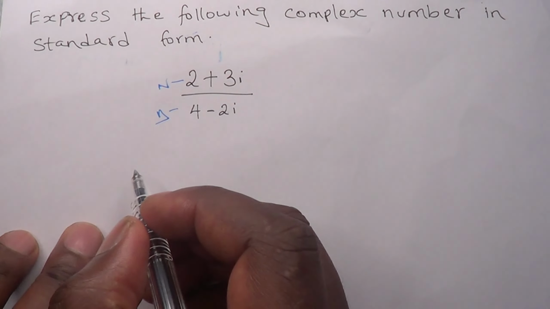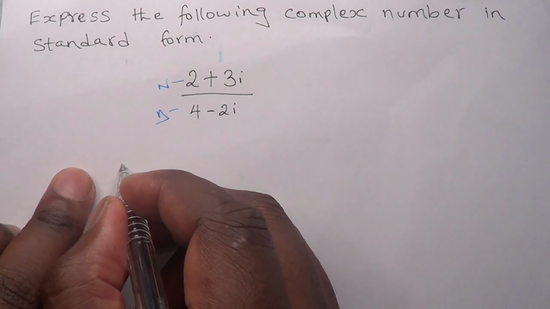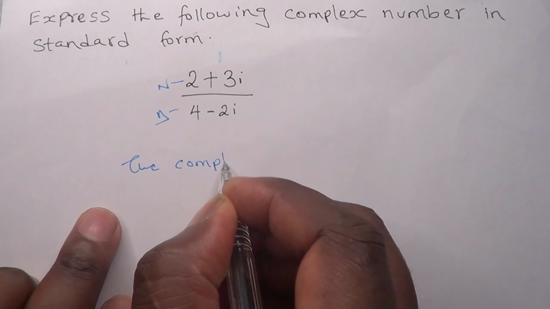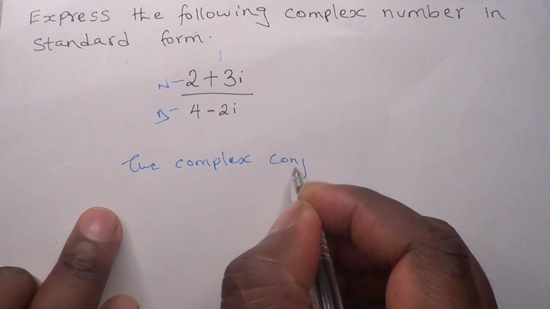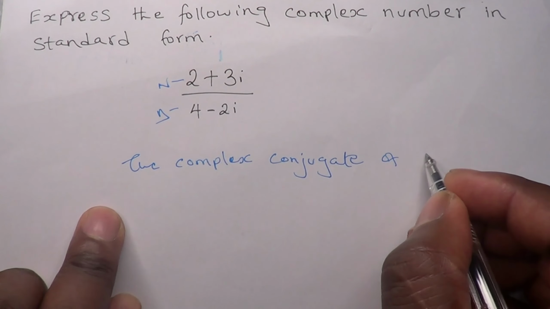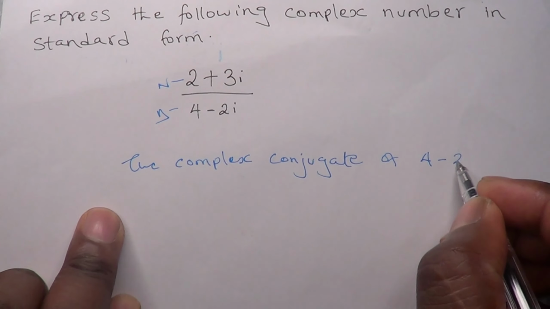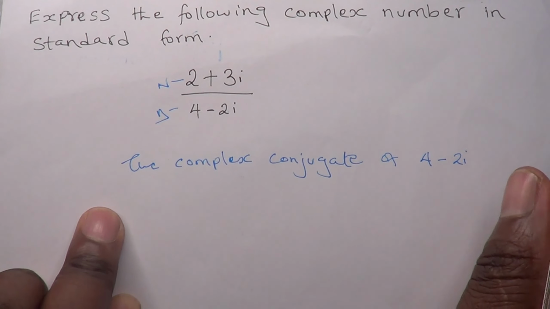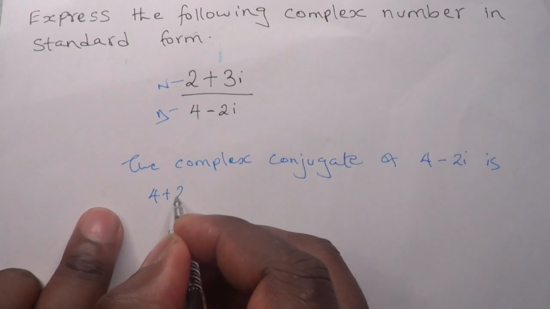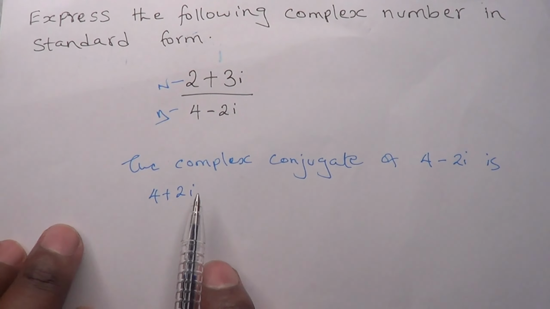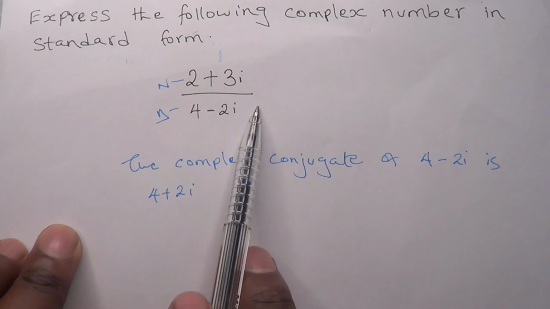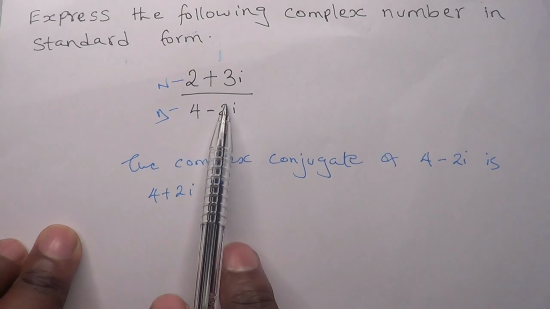So, the complex conjugate of 4 minus 2i, that's the imaginary number, is 4 plus 2i. So we need to multiply the numerator and denominator by the complex conjugate, so that at least we can eliminate the imaginary part on the denominator.